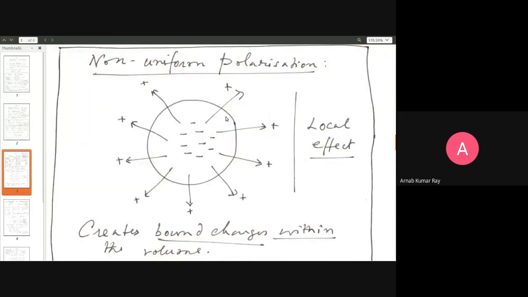But here, the positive charges are spread out over a larger area, and the negative charges are gathered over a smaller region of space. So you can immediately see that this is a situation whereby you will have a non-uniform polarization.